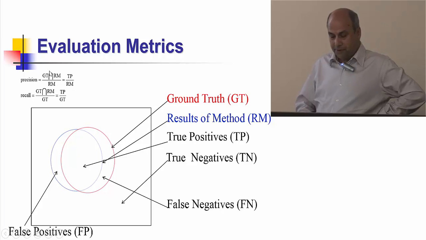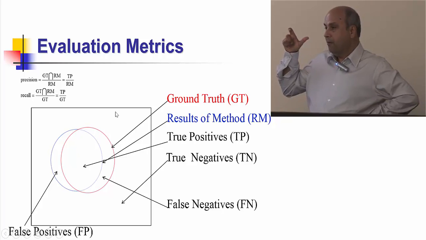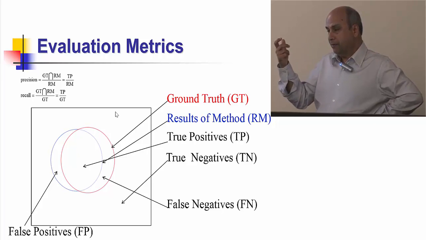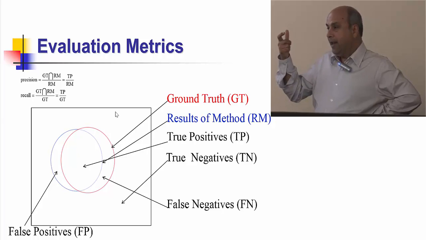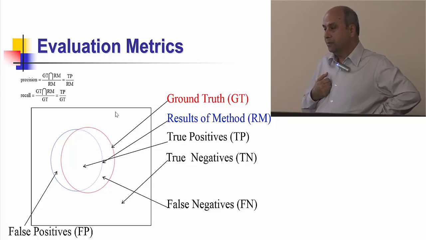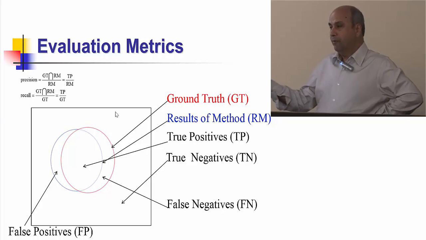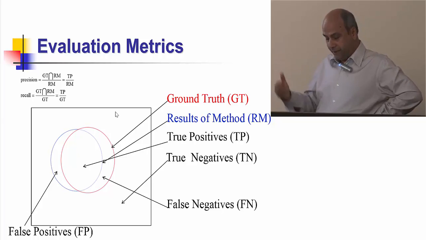That's called precision. The recall is the same intersection divided by the ground truth. So it is the percentage with respect to how many ground truths there were and how many you found. That gives you an idea of both the false positives and false negatives.